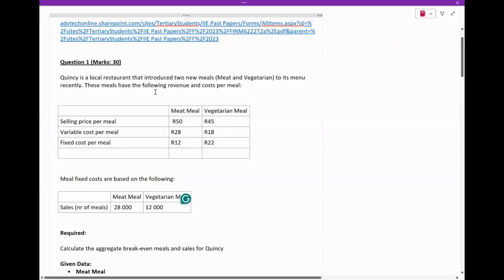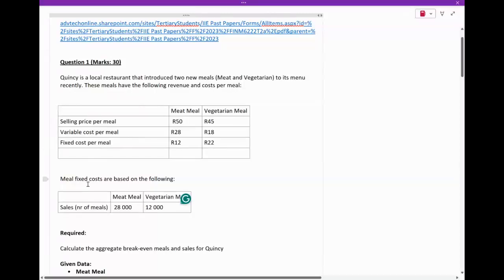These meals have the following revenue and cost per meal. They've given us the selling price per meal, the variable cost per meal, and the fixed cost per meal.